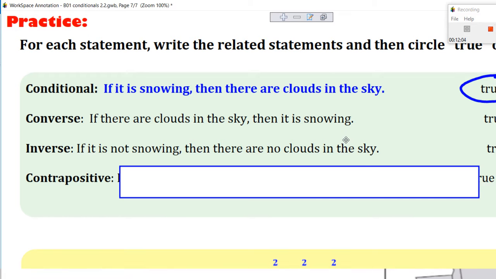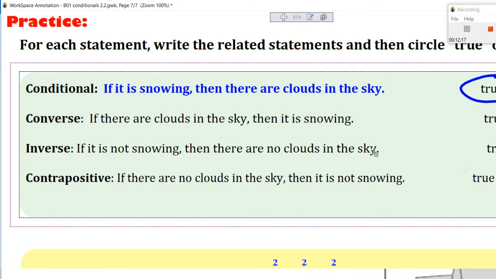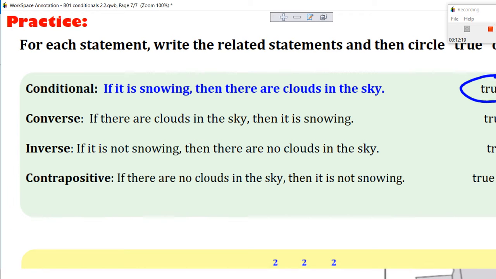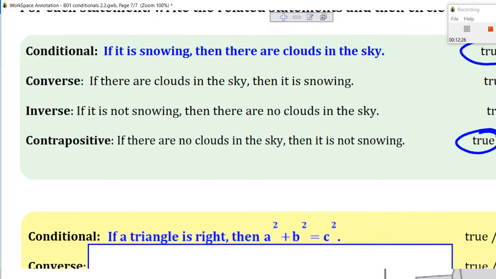Again, the fallacy of the converse and the fallacy of the inverse. The contrapositive: if there are no clouds in the sky, then it is not snowing. This would be true. Again, snow has to come from somewhere. It has to come from clouds. So that one's also true.